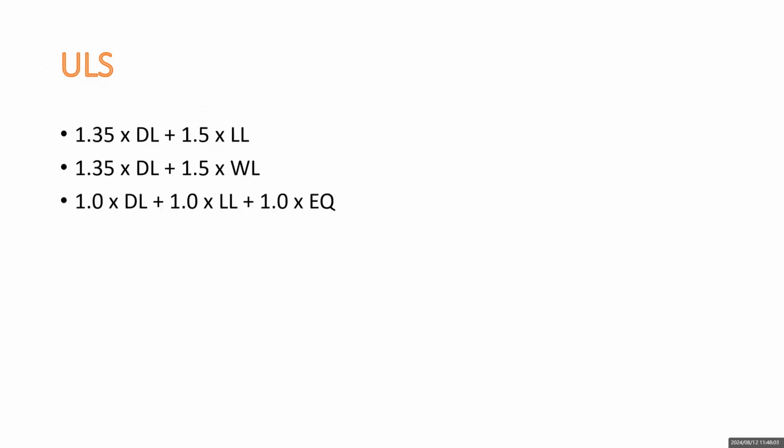First of all, the ULS is where our structure can withstand the extreme condition without collapsing. That means I'm going to add all of the possible loads on my structure and see how my structure is able to endure and withstand all of this weight on it.